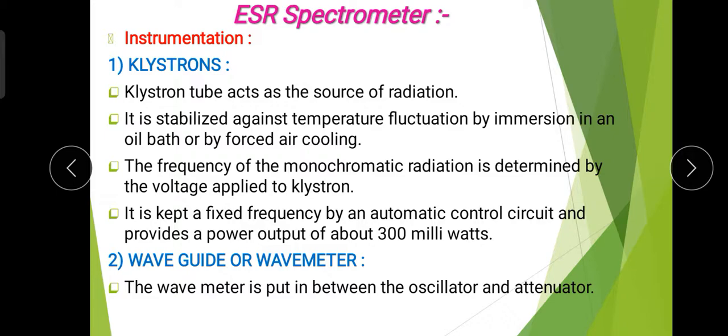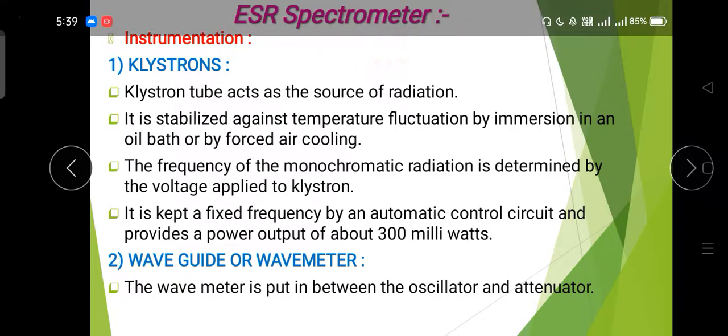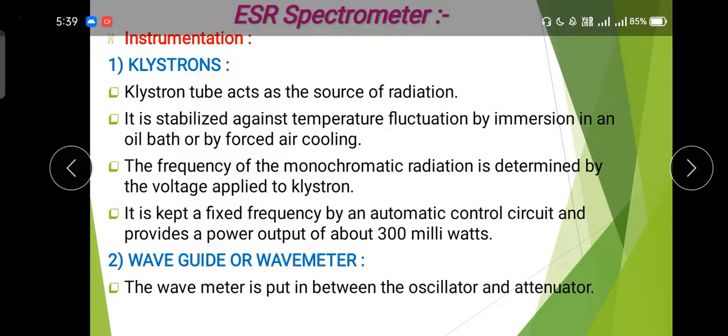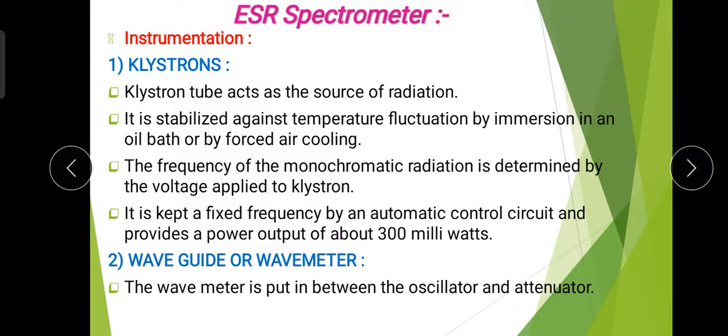Now in this video we have to discuss the ESR spectrometer. It is one of the topics of our fourth chapter, resonance spectroscopy. The ESR spectrometer is an instrument with the help of which we get the ESR spectra.